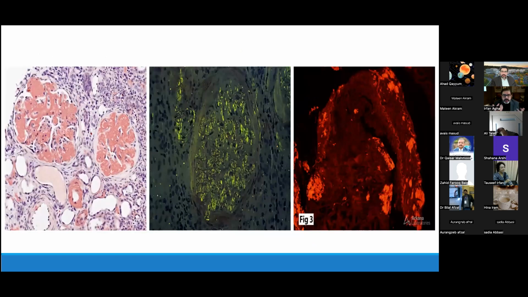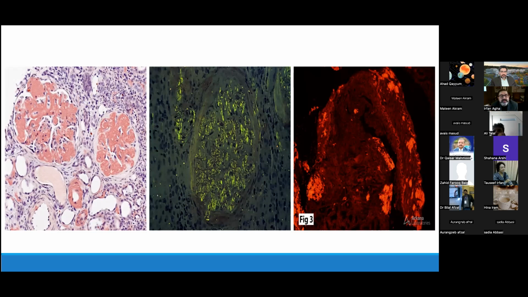So when you stain tissue with Congo red, we can all see on the left panel, you've got this kidney with massively increased mesangium with this amorphous material, which is staining salmon pink with Congo red. When you look at it under polarized light, it gives the characteristic birefringence.